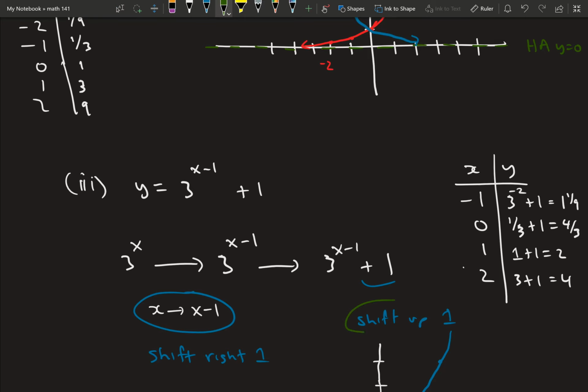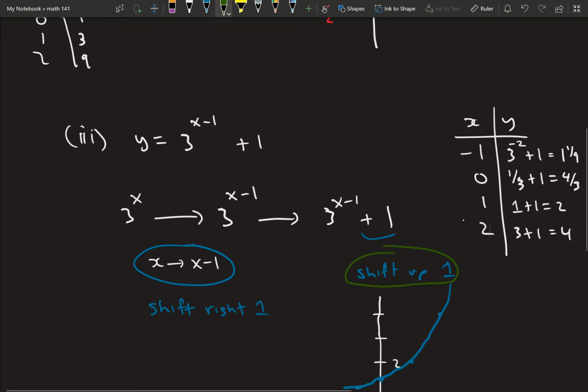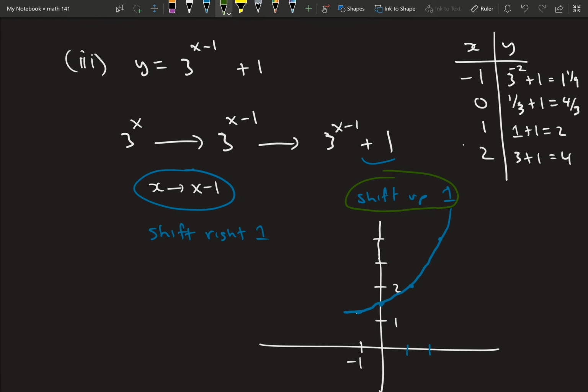Shifting it up does change the asymptote. So from y equals 0, we now have a horizontal asymptote of y equals 1. And so this graph continues to get closer and closer to the line y equals 1, which is our horizontal asymptote.